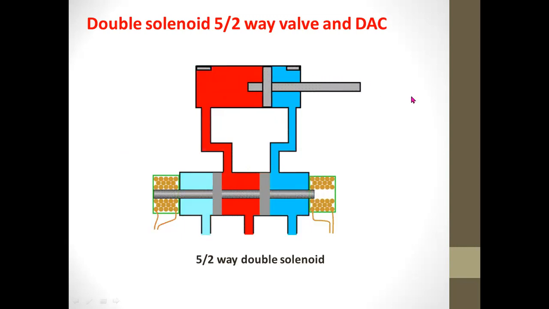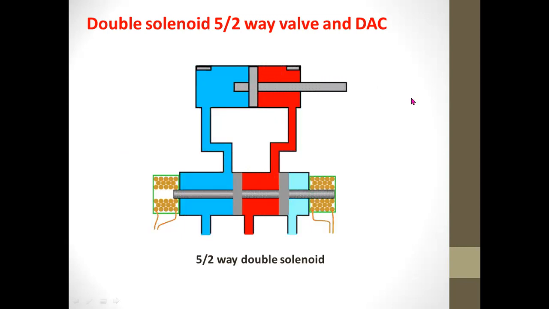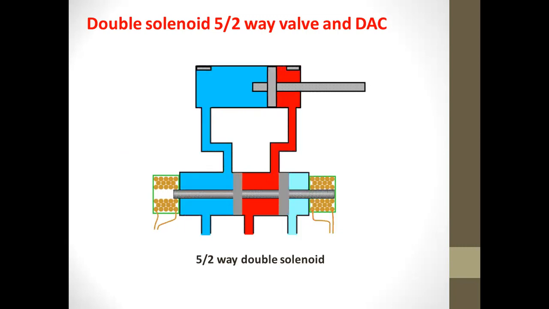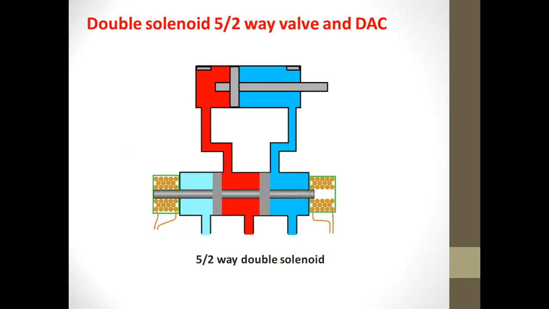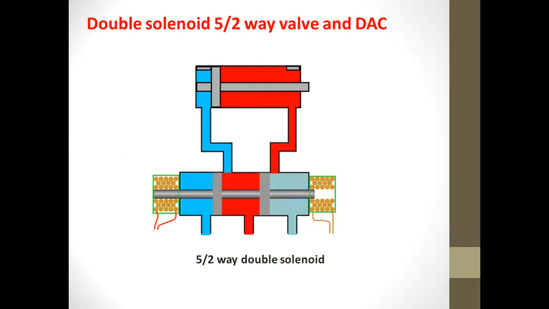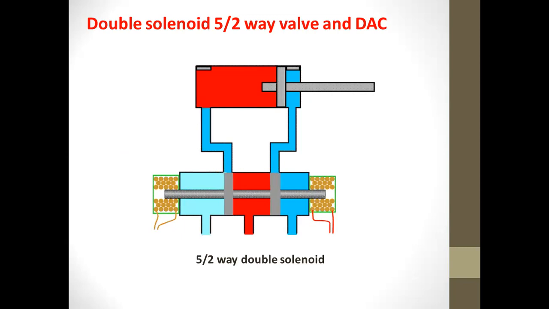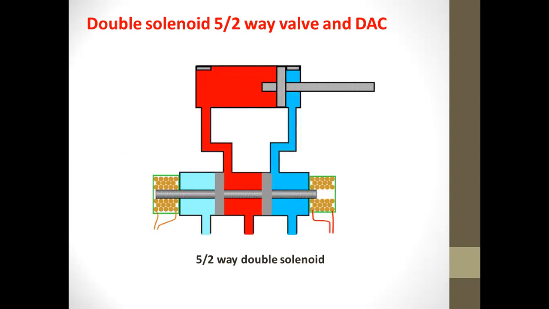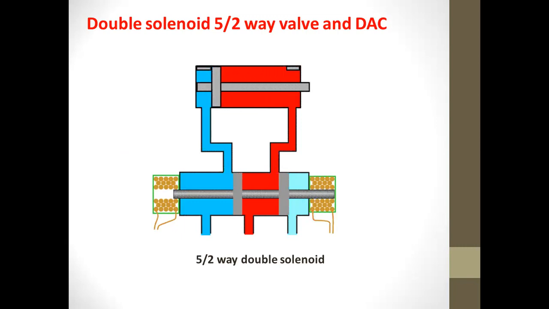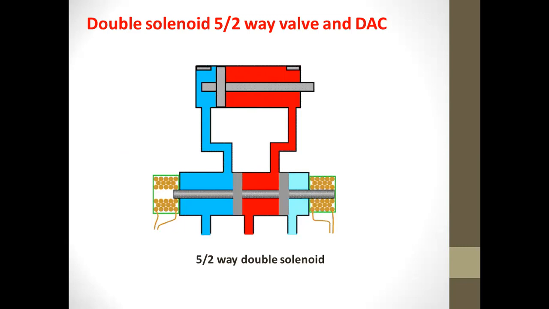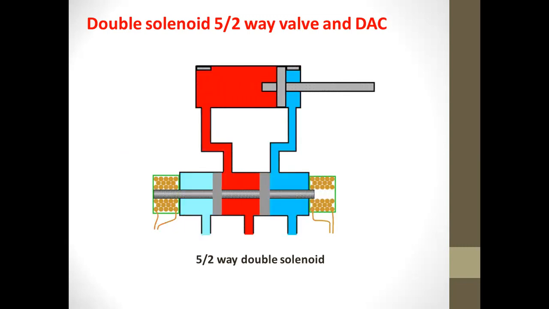If you try to remember, in the single coil, when the power is cut off, the cylinder will retract. Why? Because the spring of the solenoid valve enables the plunger to go back to the original position.